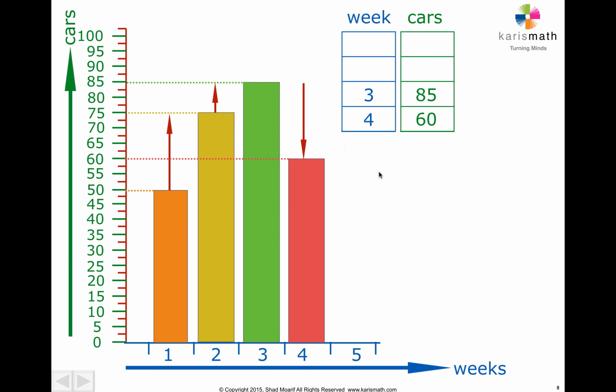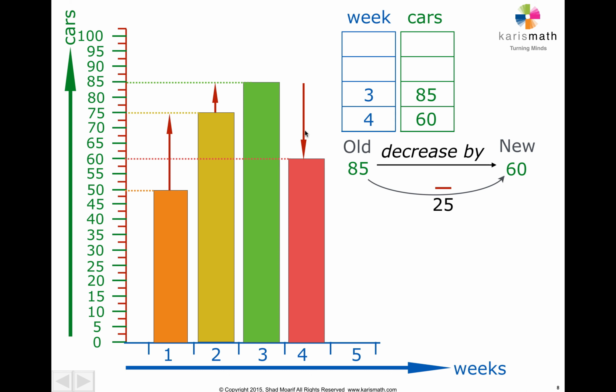We take the difference between these two, and the difference, of course, is 25. So there's a drop of 25 cars over the original amount, which was 85. So what fraction is that? 25 out of 85. Work it out. You should be able to work it out and write down the answer.